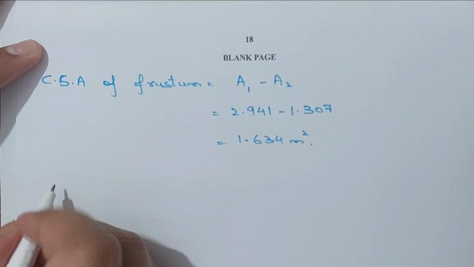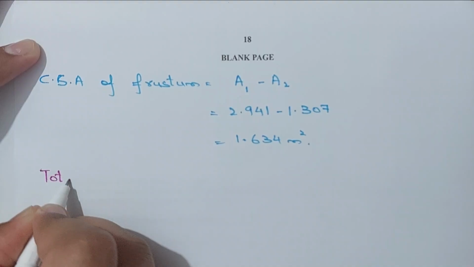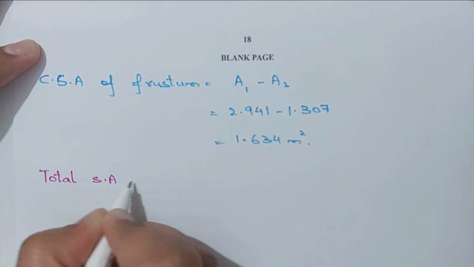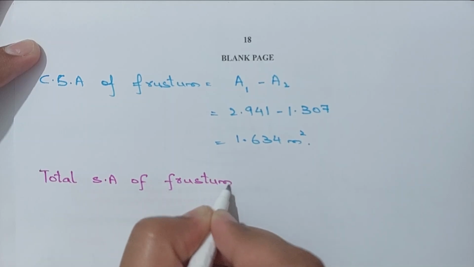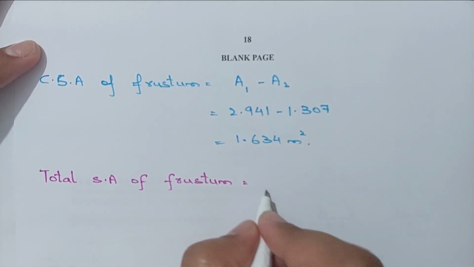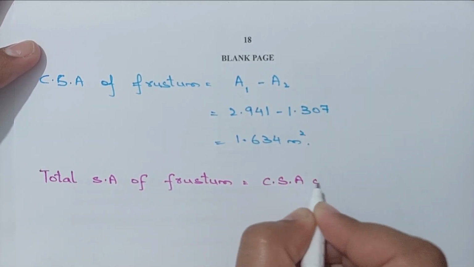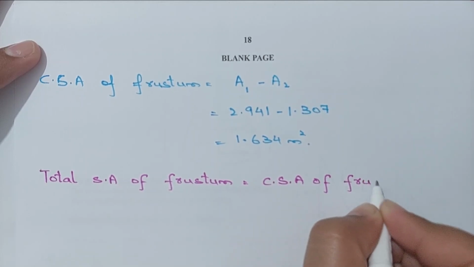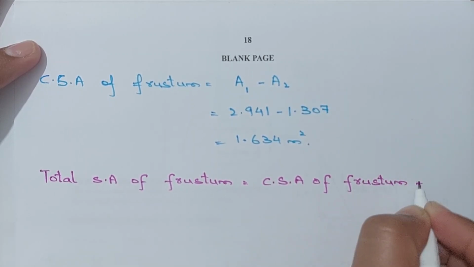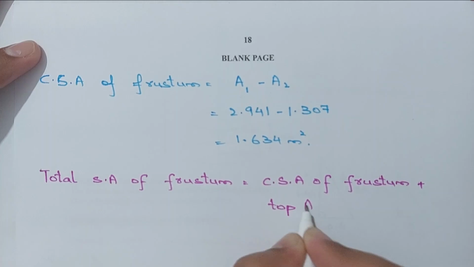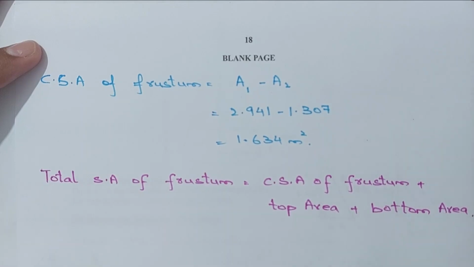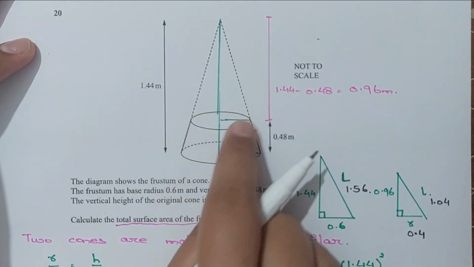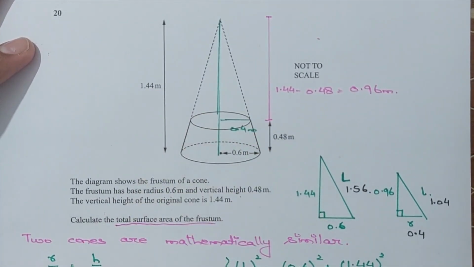Okay, so now let's find the total surface area. The total surface area of the frustum equals the curved surface area of the frustum plus top area plus bottom area. You can see the top area is a circle, the bottom area is a circle, and then there is the curved one.